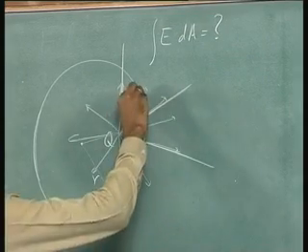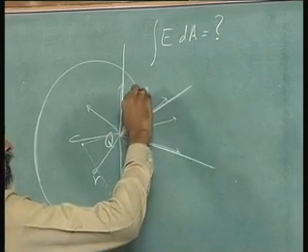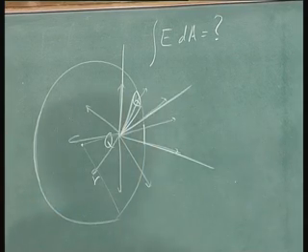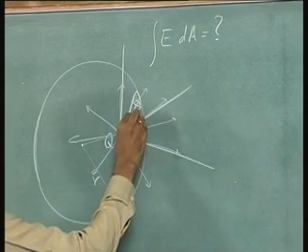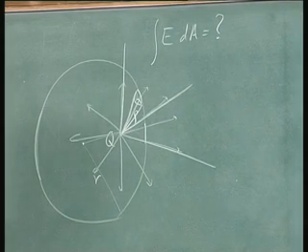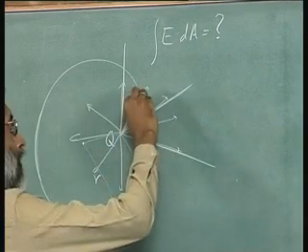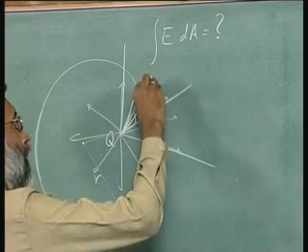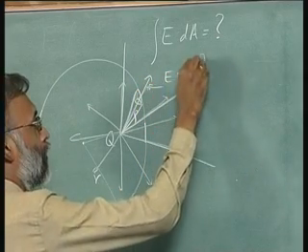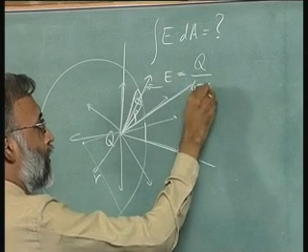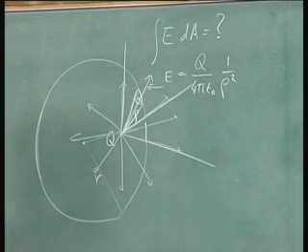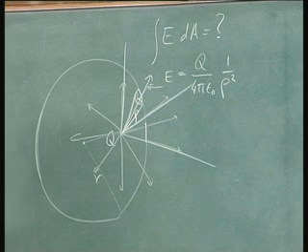Now roughly all parts of this area are some distance, call it rho, away. So the electric field in this direction, E, is equal to q over 4 pi epsilon naught times 1 over rho squared. That is the magnitude.